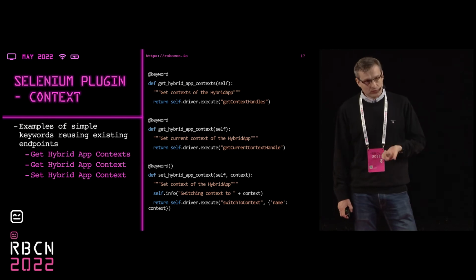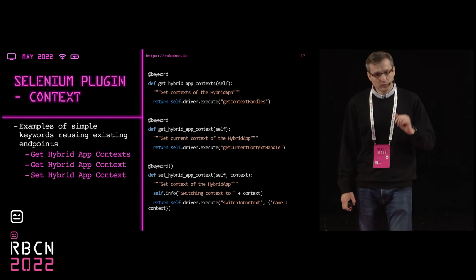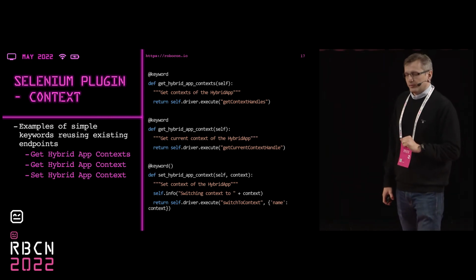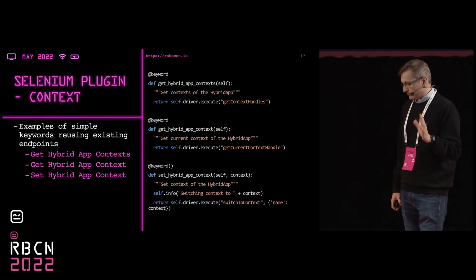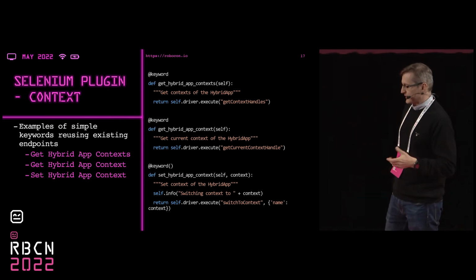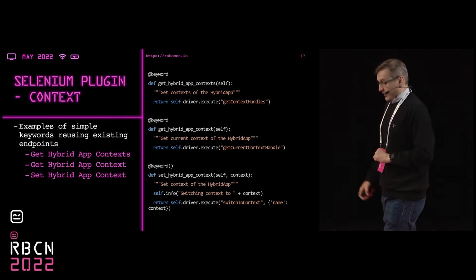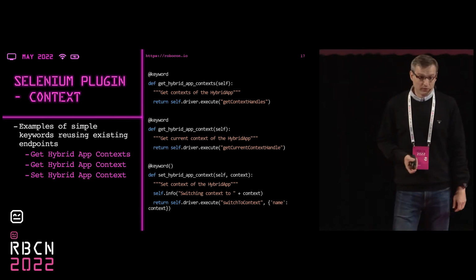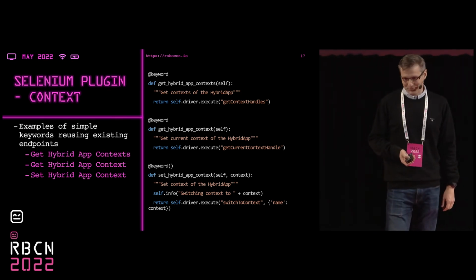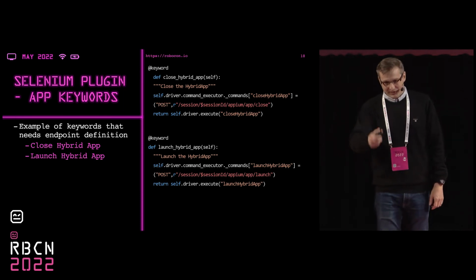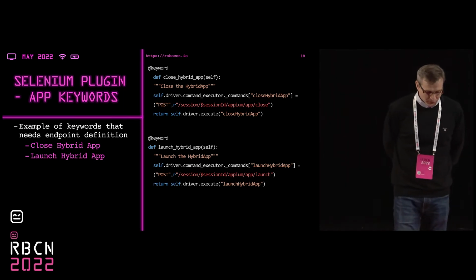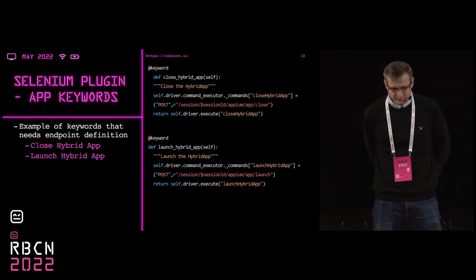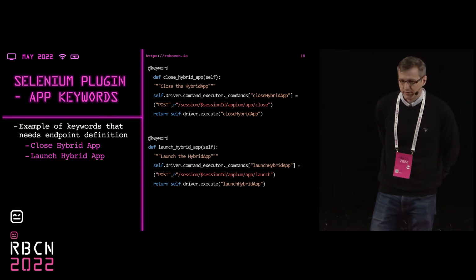Once I used them and tried the hybrid app, I was able to install the hybrid app. I was able to start it. I was able to select or set the right context. And then all my test cases started to work pretty much. Well, there were two more keywords I needed there: close and launch hybrid app.